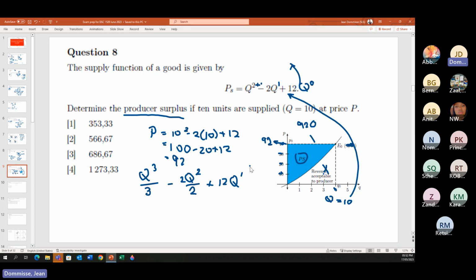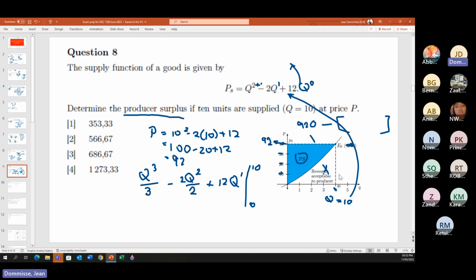Okay, and then what we will do is we will say that firstly, we'll put in 10 and it goes to 0. So we'll put in 10 to get what the value is, put in 0 to get what the other value is. And that we will basically then subtract from 920.